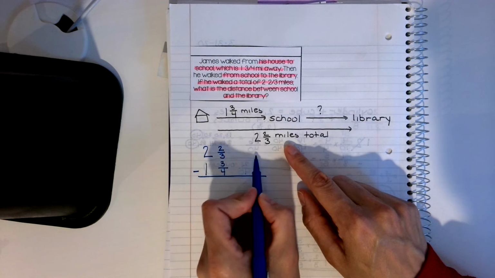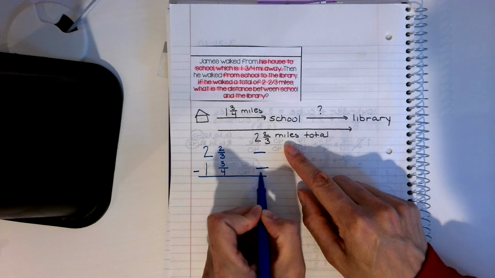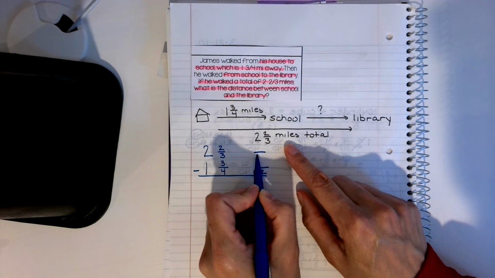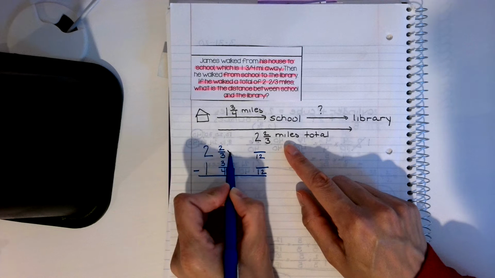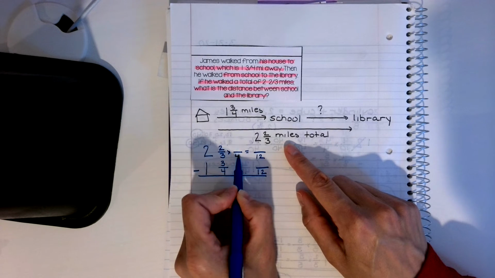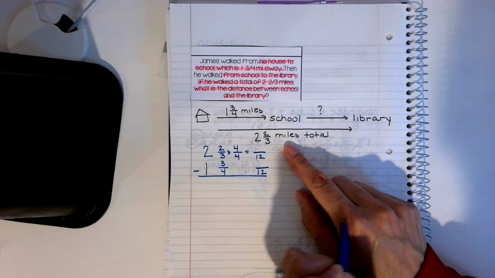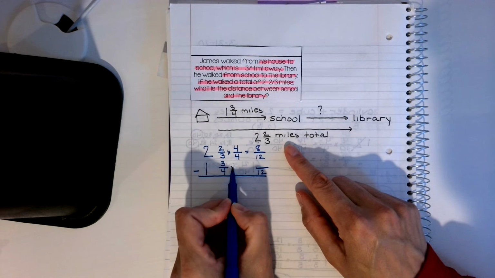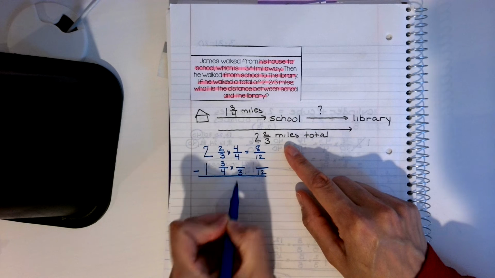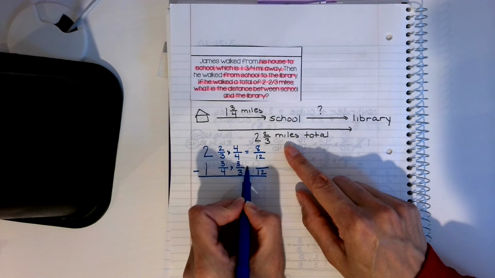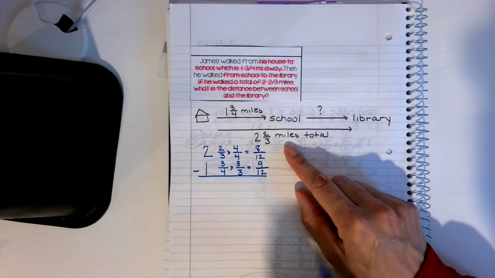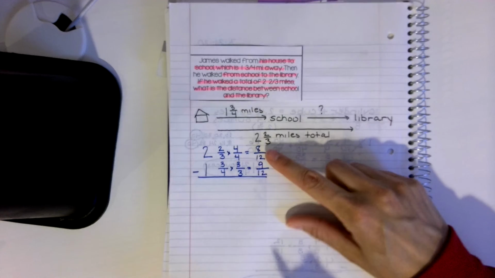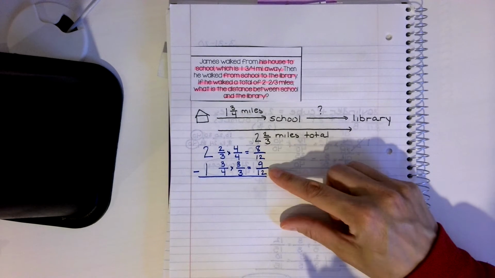So our common one would be 12 because 3 times 4 is 12. 3 times 4 is 12. Do the same thing to the top. 2 times 4 is 8. 4 times 3 is 12. 3 times 3 is 9. Okay, so again, we're going to have to borrow because you can't take 9 from 8.